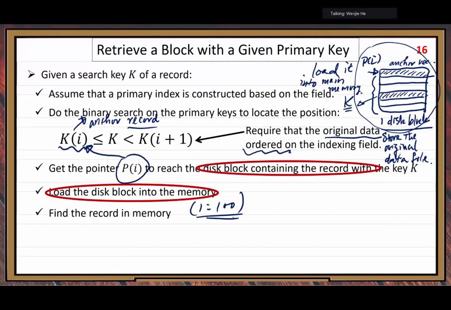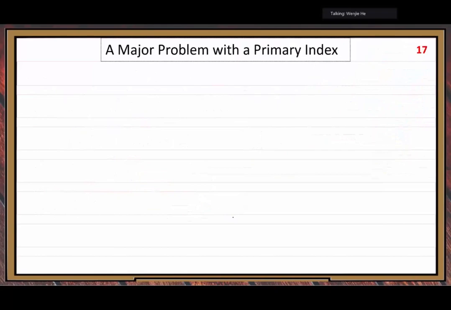The good thing is that sequential search in main memory on a small number of rows is very fast, so we don't worry about the performance; it won't be slow.